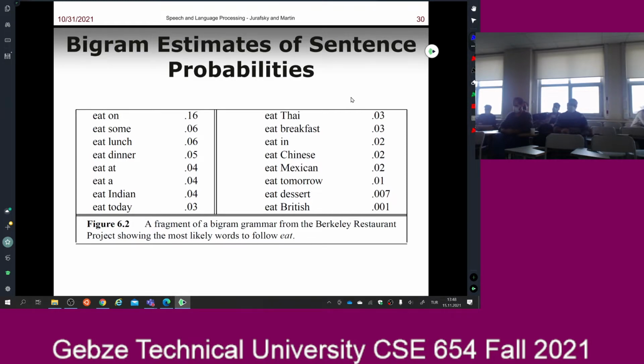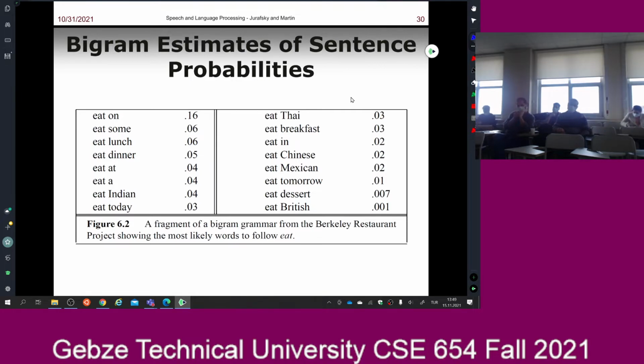Those are the unknown words. These are not unknown words. I have 40,000 words in the dictionary. They are not unknown, okay? But in our restaurant data set, you don't have to see all of them. Some of them will be missing, okay? That's about the words.